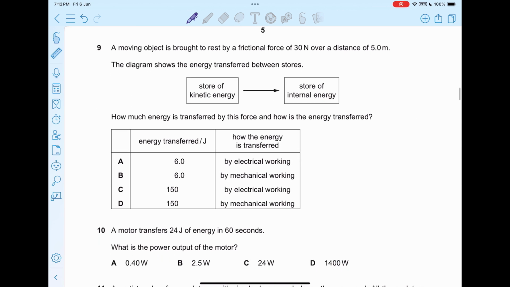Okay, number 9. A moving object is brought to rest by a frictional force of 30 newtons over a distance of 5 meters. The diagram shows the energy transfer between two stores: store of kinetic energy and store of internal energy.